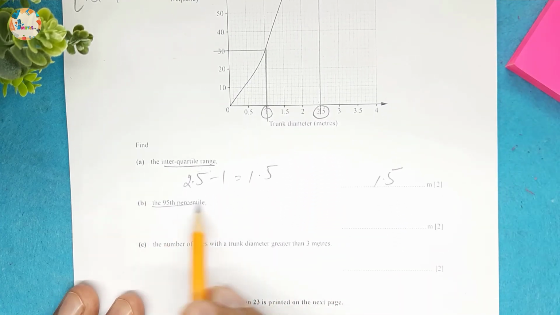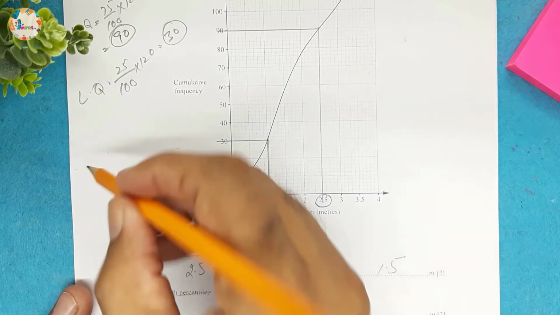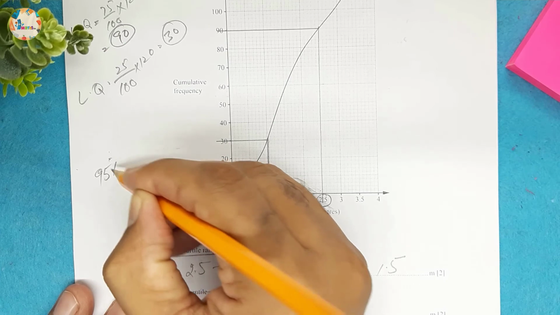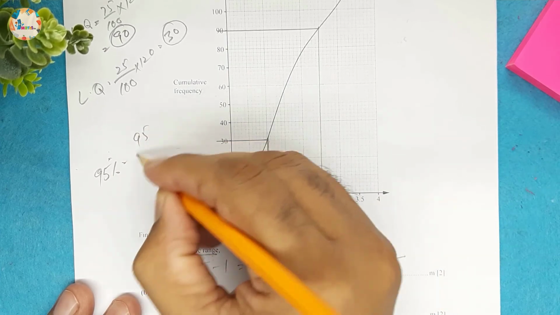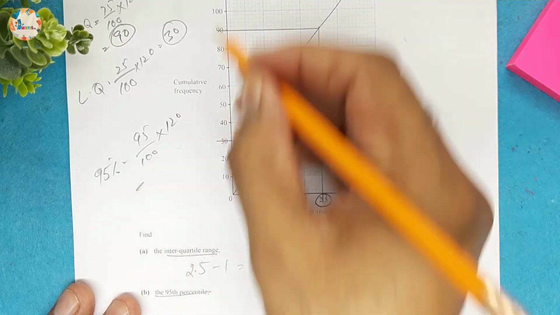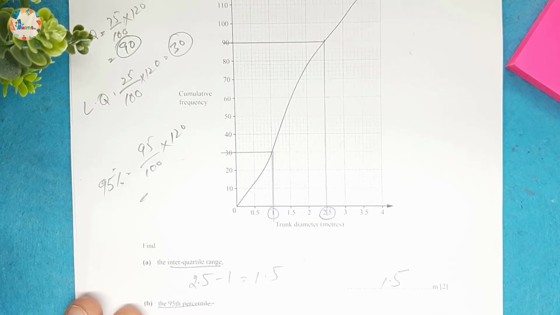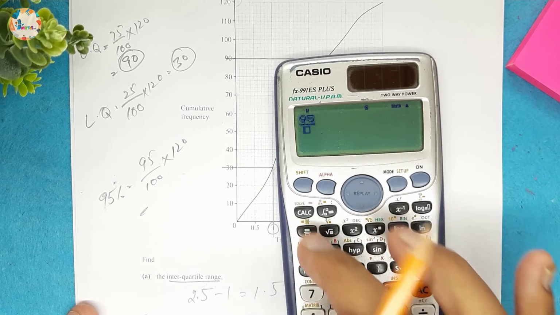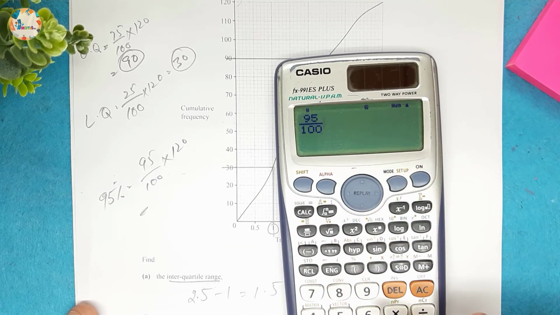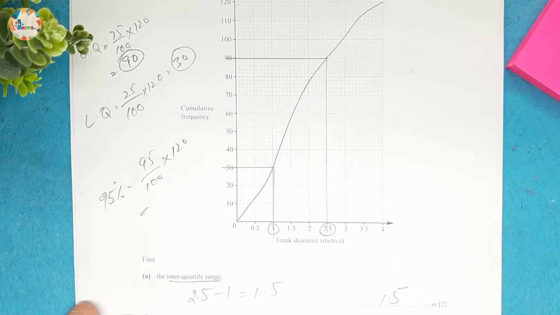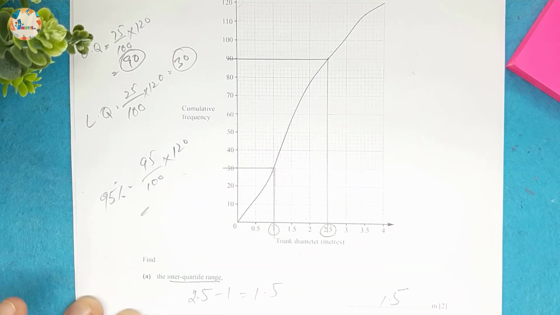The 95th percentile. So for 95th percentile, we can write 95th percentile will be equal to 95% of what? Of 120, which is this total. So we can basically find this 95th percentile, 95 over 100 into 120. This will result in 114. So now we will check reference of 114.